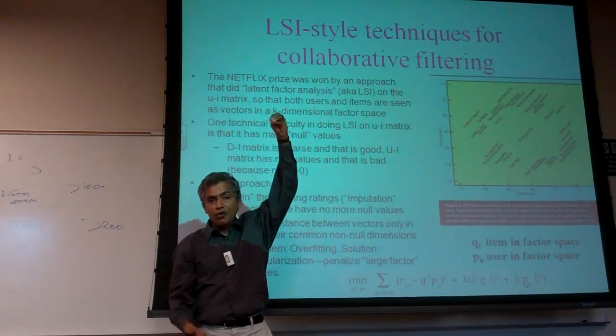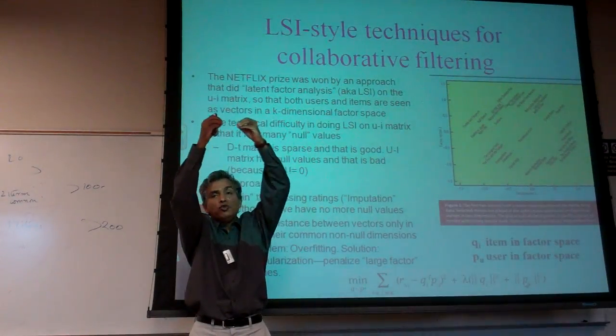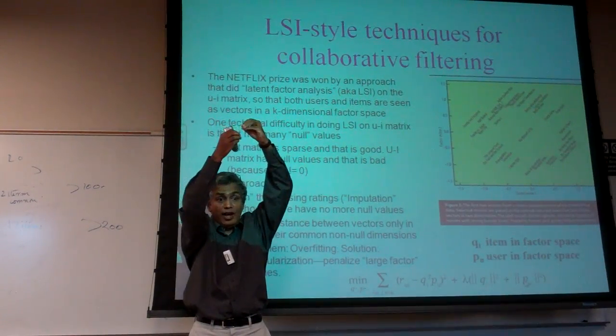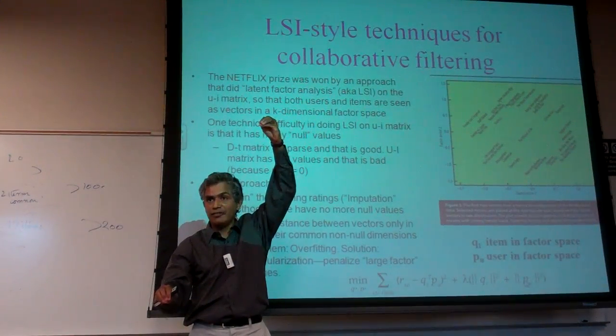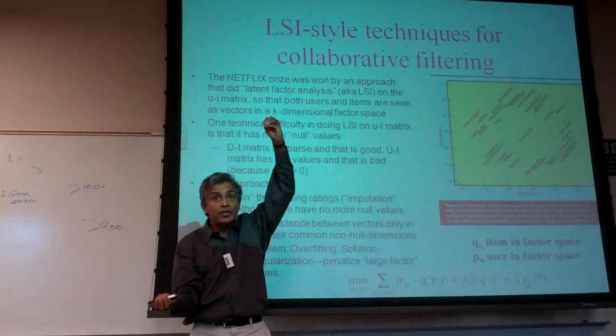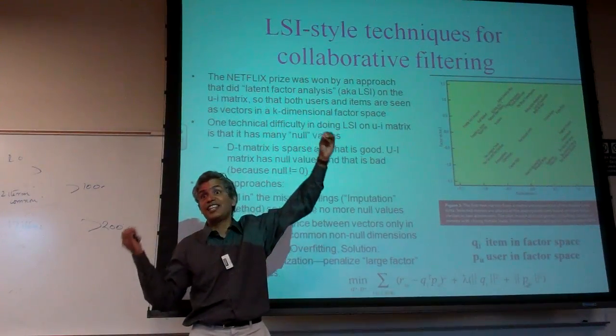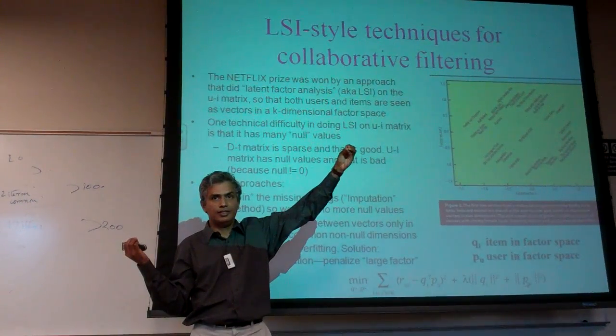Now, if I'm computing the distance between two items, and I'm ignoring all the dimensions that are not common between both of these, then I'm essentially computing the distance between their projections rather than the points themselves. Do you understand what I'm saying?